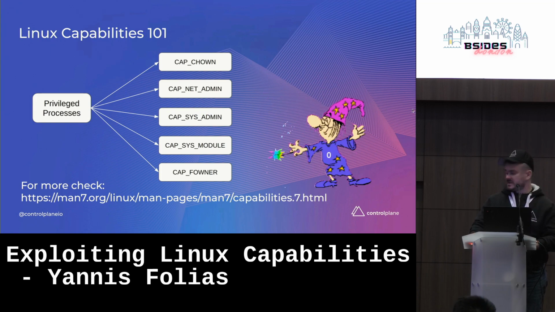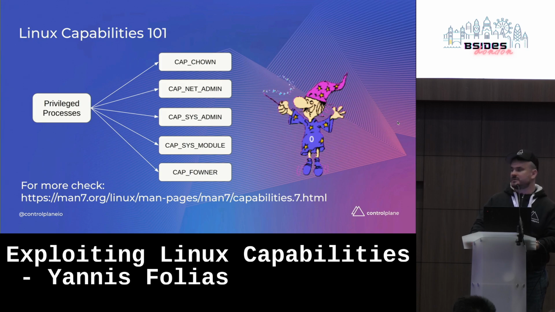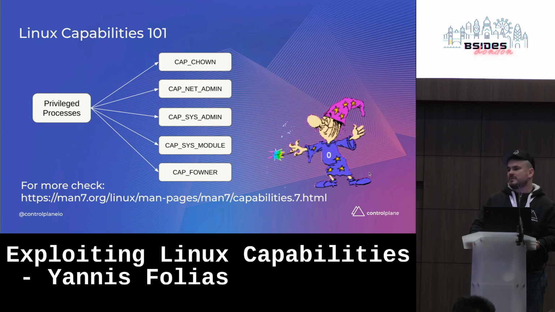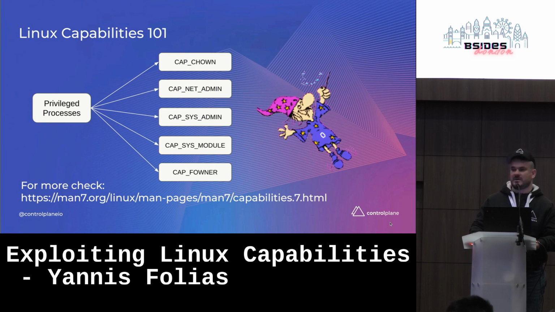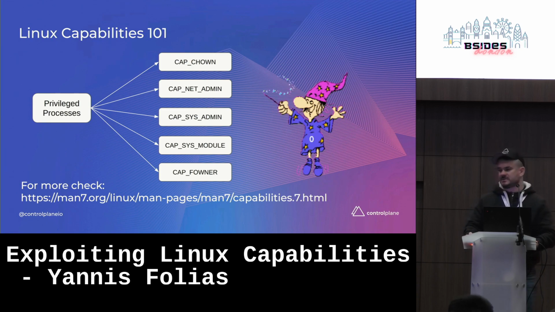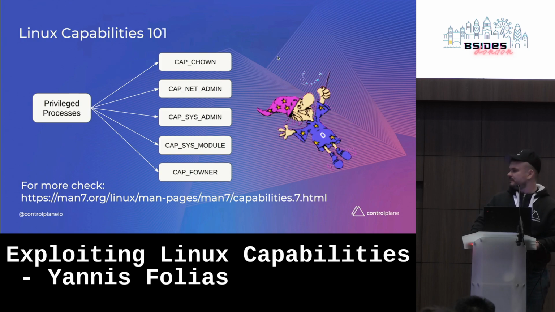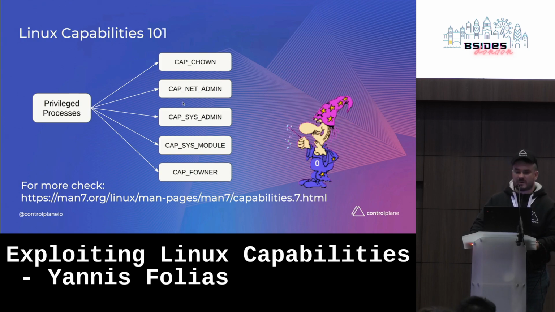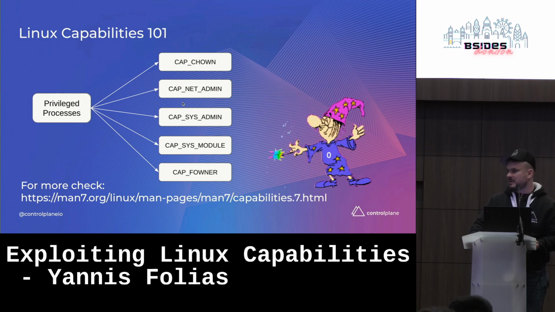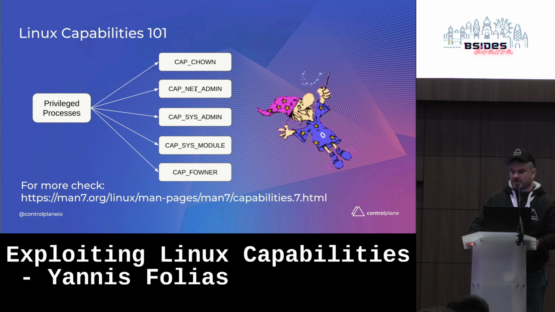As an example, let's say that a specific process needs to change the ownership of a file, or set specific UIDs or group IDs, or do some stuff around the network within the server.